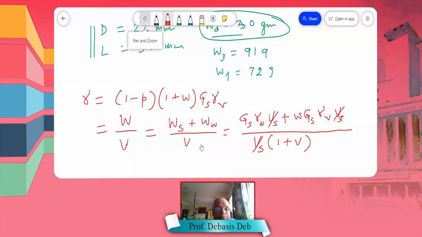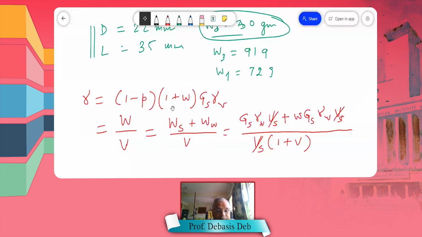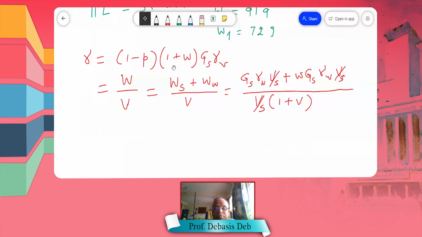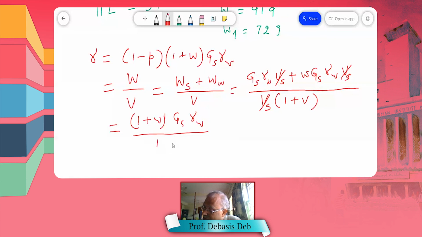So this finally comes down to (1 plus w) GS gamma W divided by (1 plus e).